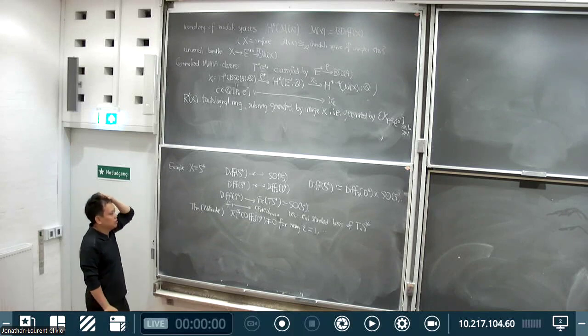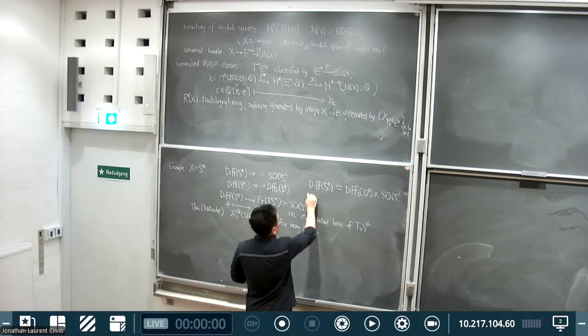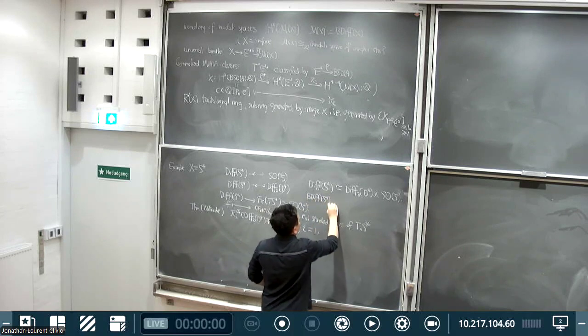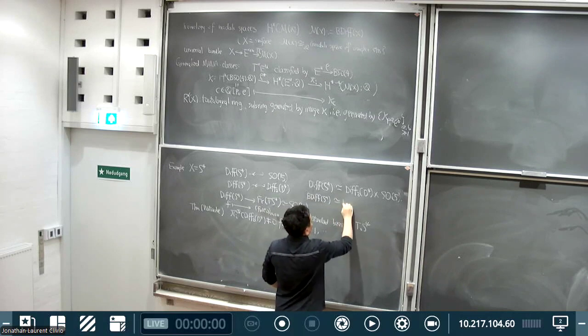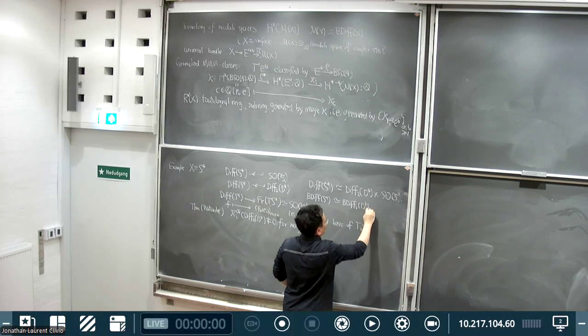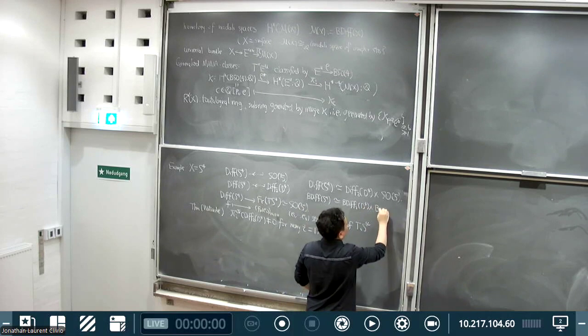So in particular, from this we see that the space is still homotopy equivalent to D4 minus this BSO5.